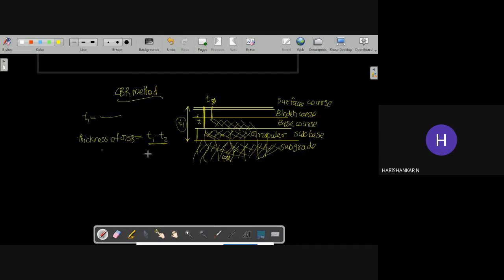Then T2 minus T3 will give you the thickness of the base course. In the same way you can continue for the binder course also. And at the end, for the surface course, you can subtract all the other thicknesses from T1, so that you get the last layer, the surface layer.